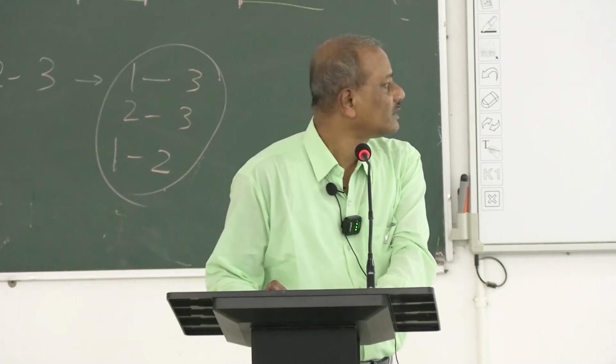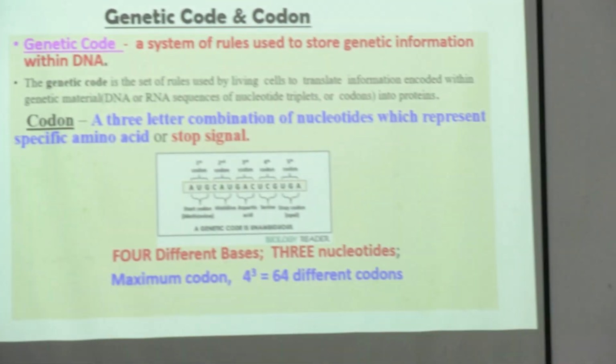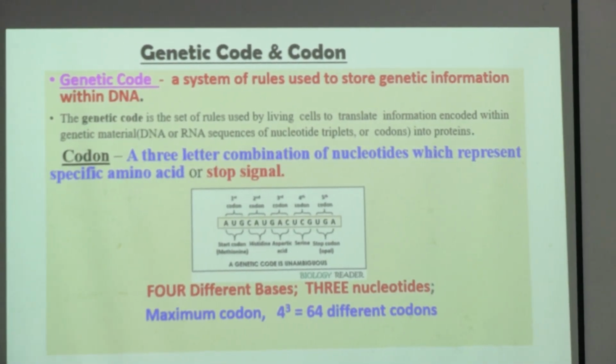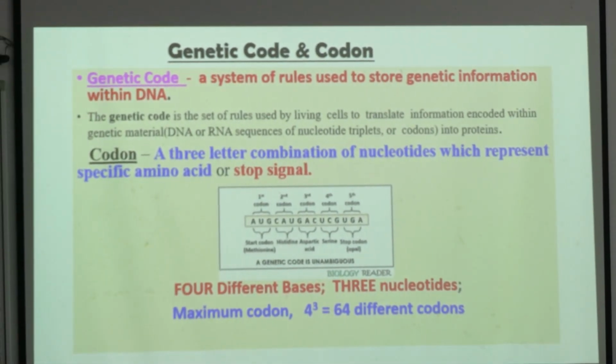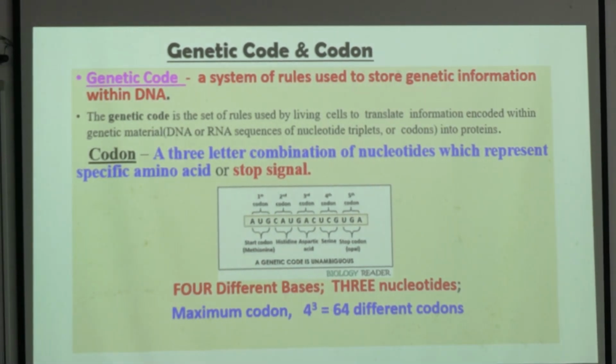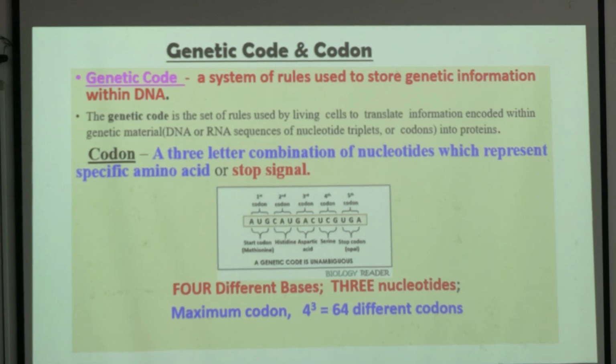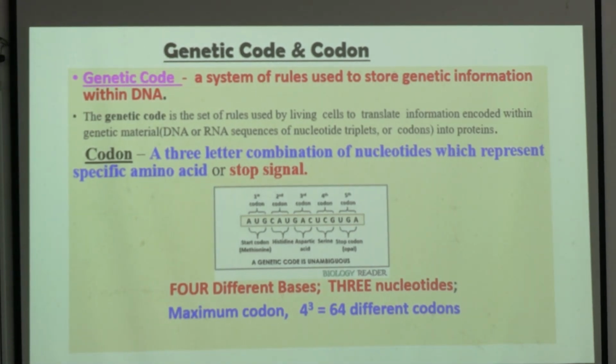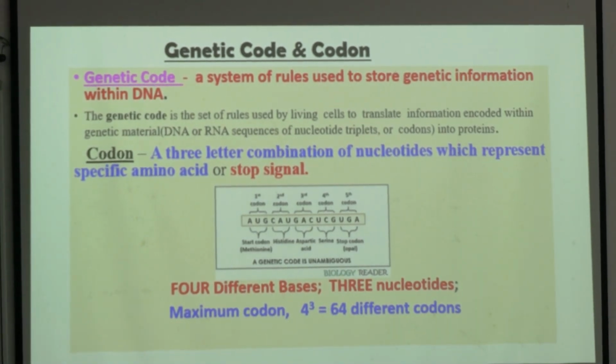So, there are 64 different codons which are possible. We have only 20 amino acids, and the 21st amino acid is selenocysteine. Out of 64, there are only 3 stop codons: UAA, UAG and UGA.